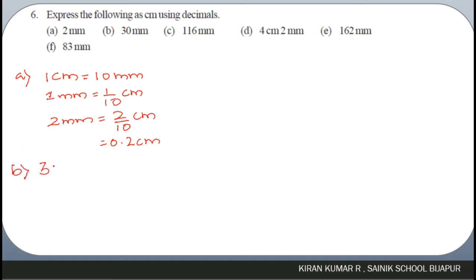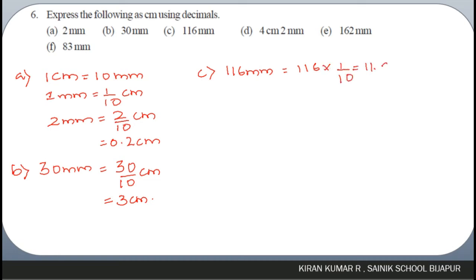In the second one, 30 millimeter. So 30 millimeter will be equal to 30 divided by 10 centimeter. This will become 3 centimeter. C, 116 millimeter. So 116 into 1 by 10, we get 11.6 centimeter.